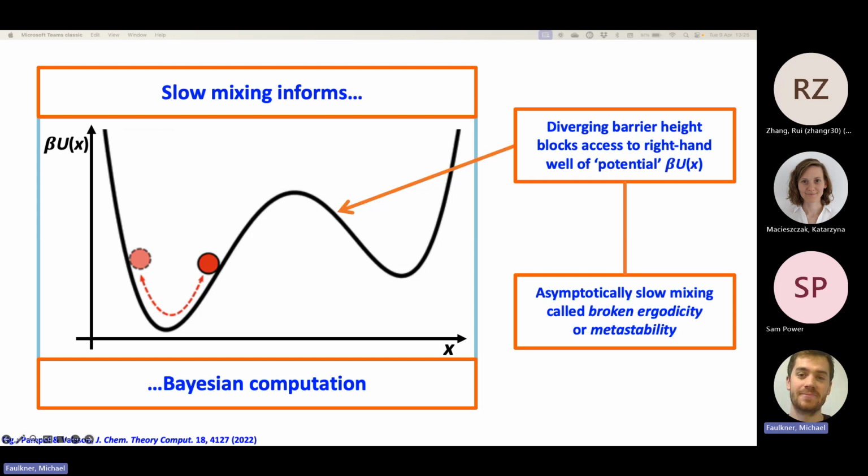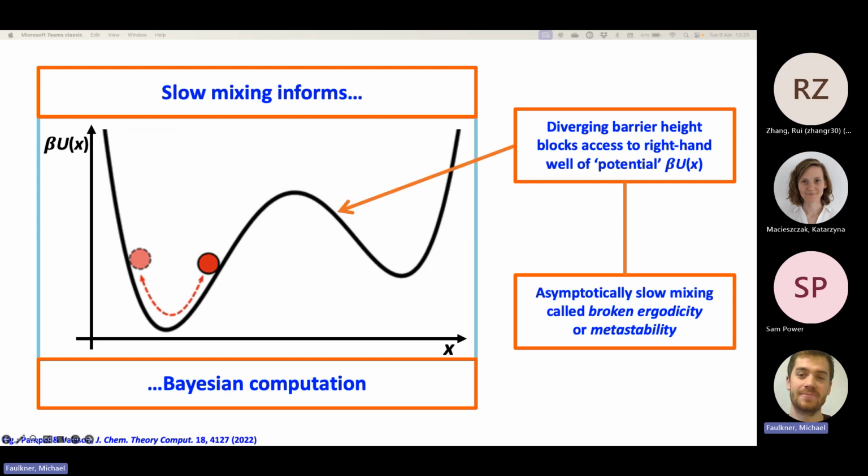You get what we call asymptotically slow mixing, which, depending on where you're from, is sometimes called metastability. A physical chemist might say that this is the metastable state and this is the stable state. I'd argue that there's always a finite probability of hopping between the two, so that doesn't really make sense.